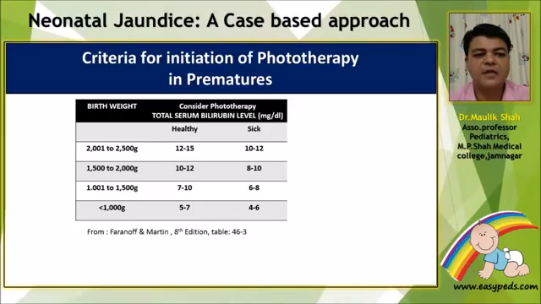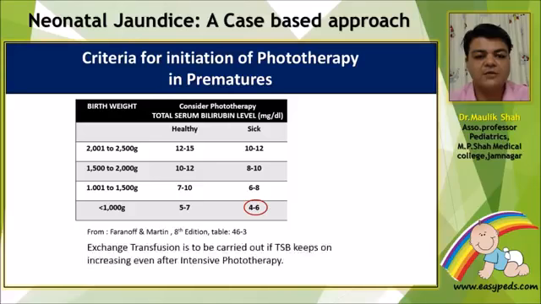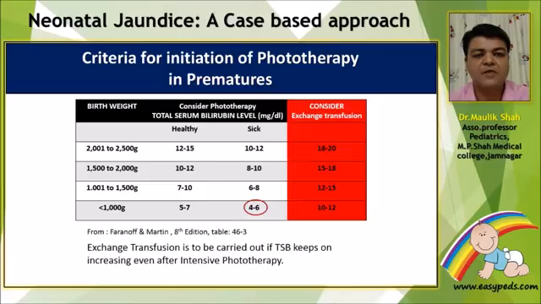Say, for example, a less than 1 kg baby would need phototherapy between 5 to 7 mg per deciliter of total bilirubin, while a similar baby, if in a sick state, will require phototherapy to be considered at little lower values of total bilirubin, like 4 to 6. Most of the newborn ICUs consider exchange transfusion along with this column. We also follow similar criteria in our unit.